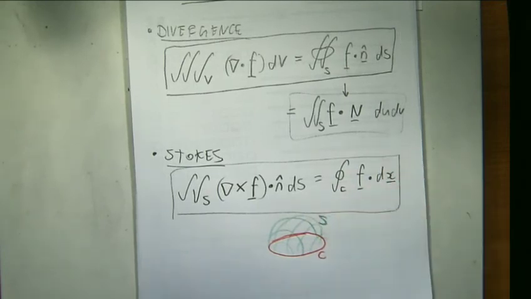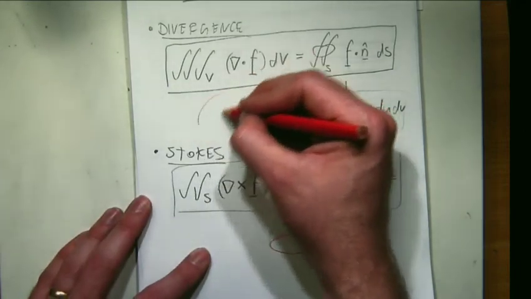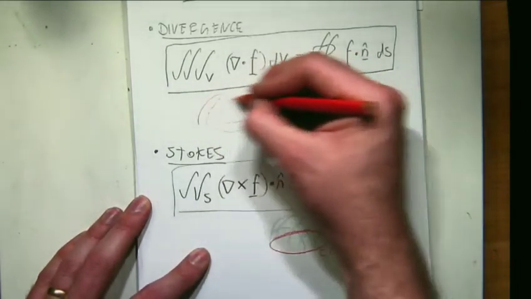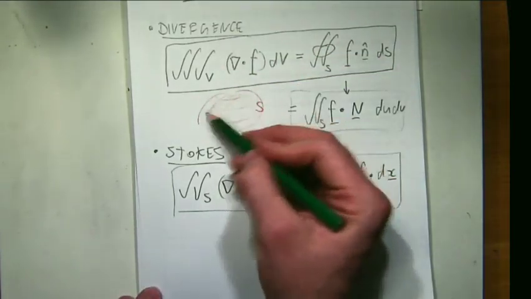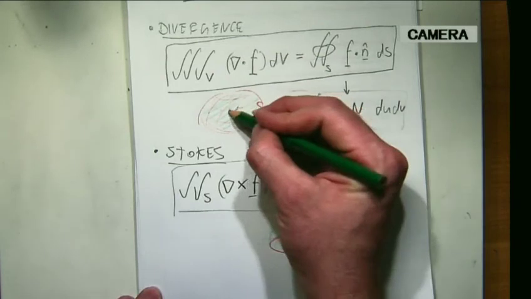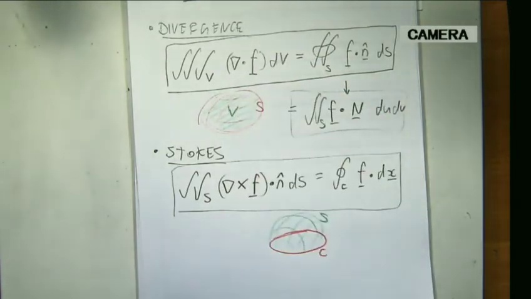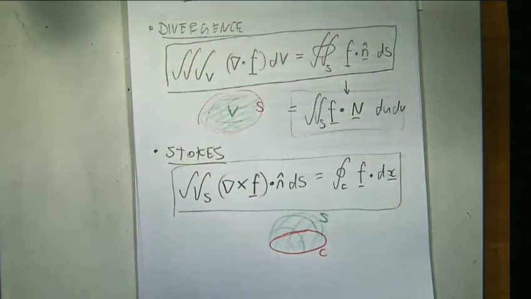Up here with the volume, you have sort of a wire frame. That's the surface, and then the inside of it, that's the volume on the inside. So note that this is not actually a closed surface. It has a hole at the bottom, and the edge of the hole is the C. And we've got methods of calculating these things.